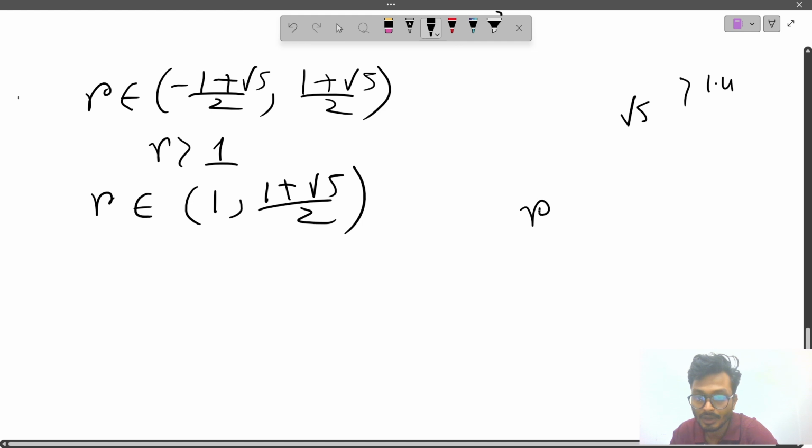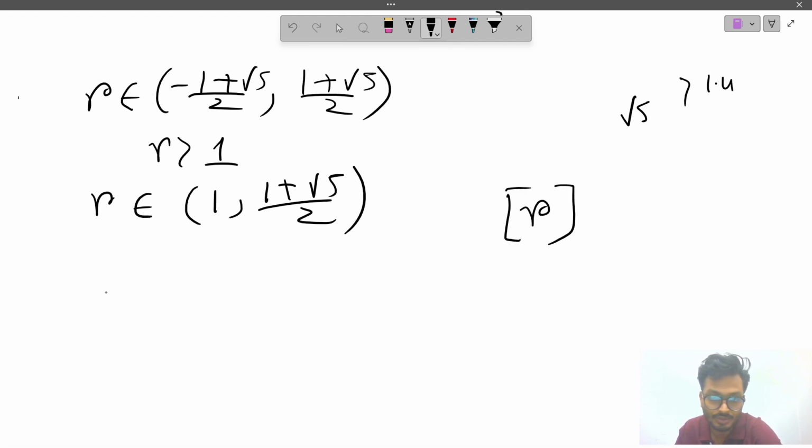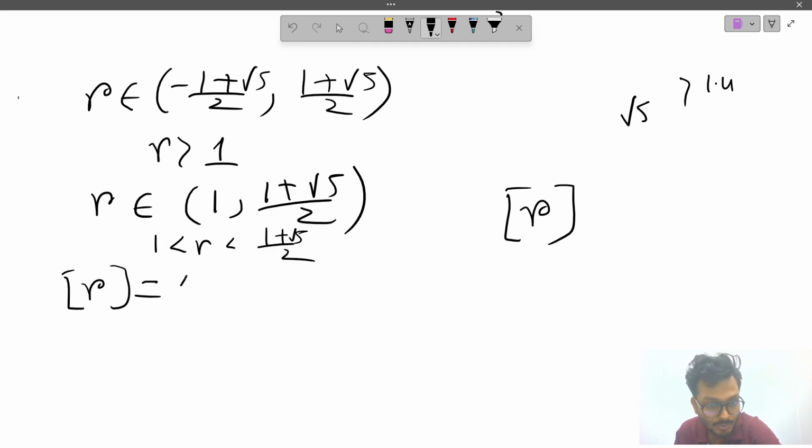Now we need the greatest integer of r, right? So clearly 1 < r < (1 + √5)/2, so the greatest integer of r will be 1.